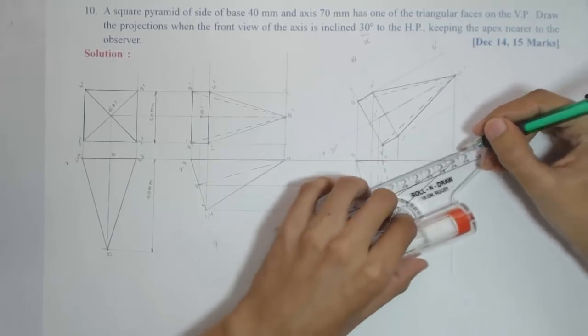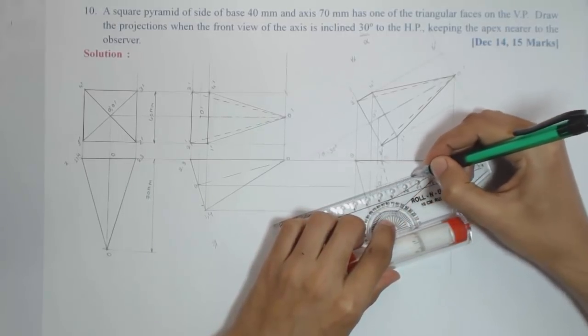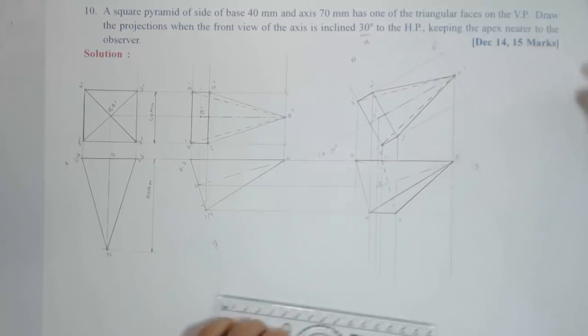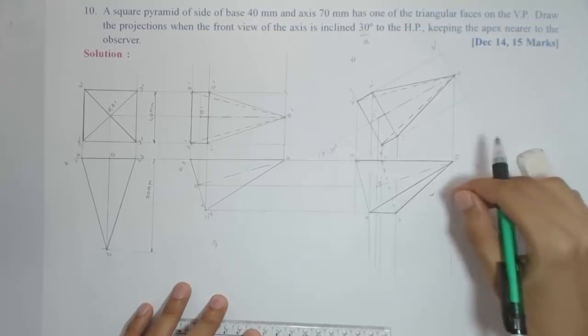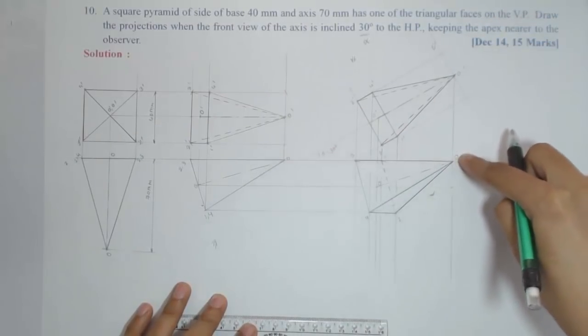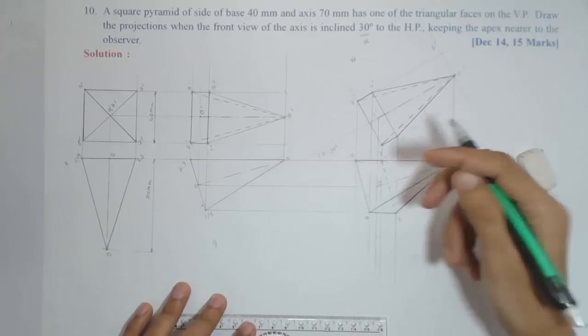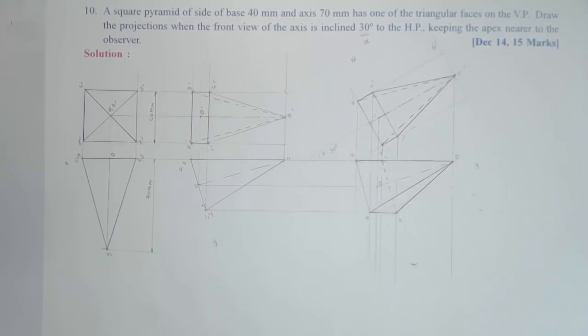Now here we want to also show this axis OO, so long dash short dash. By mistake initially we marked this apex here, but see here O dash projection and O is lying here on the xy. So I should get the apex on xy only. Okay. So this completes the solution for this particular problem.